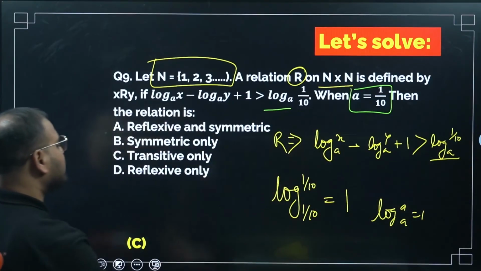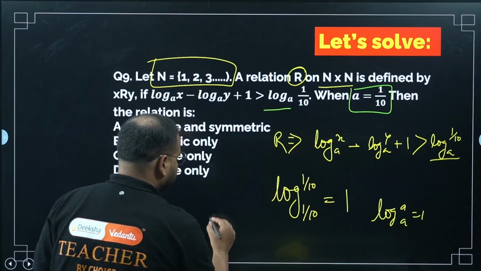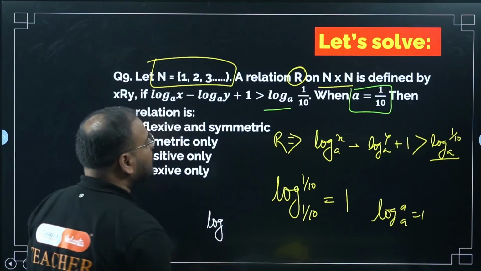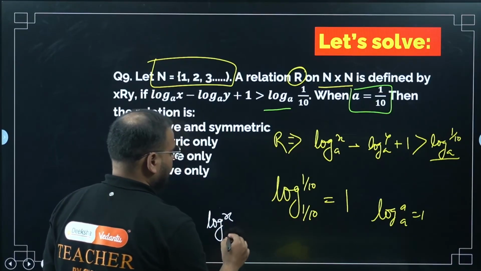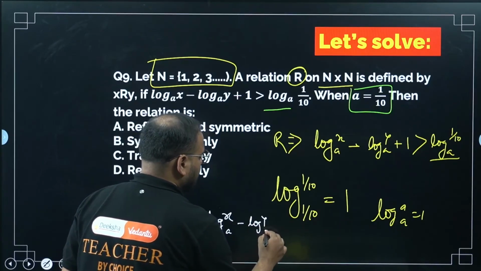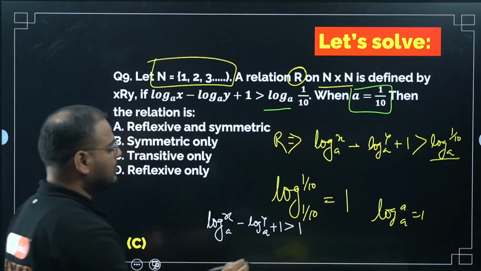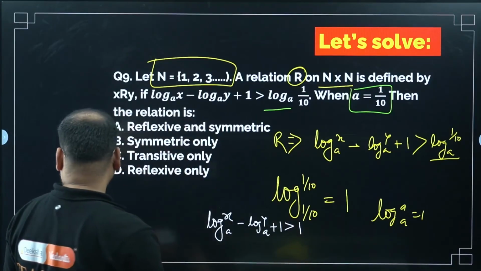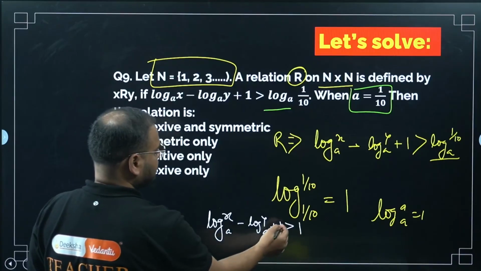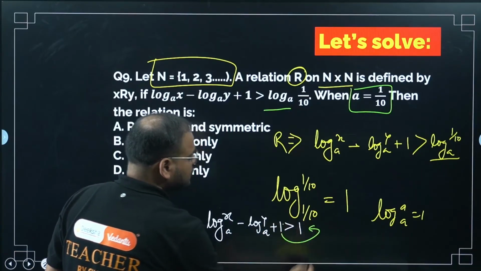So I can rewrite this equation as log x to the base a minus log y to the base a plus 1 is greater than 1. Correct? Now this 1 and 1 will cancel each other. I'll bring this one on that side, it will become minus 1, so it will cancel.